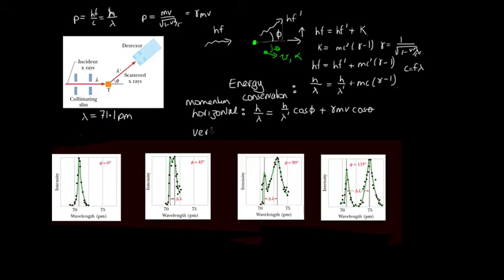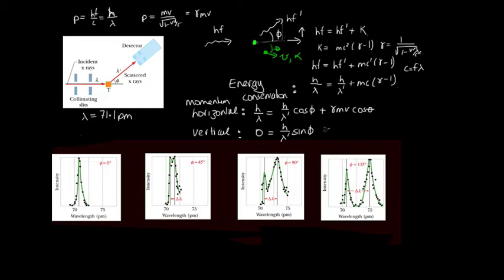And then vertically, initially this photon is traveling horizontally, so vertically it has no momentum. This is equal to the same expression for this part, but to get the vertical component we multiply it by sin φ. Then the electron has the same component for this part, but we multiply it by sin θ.